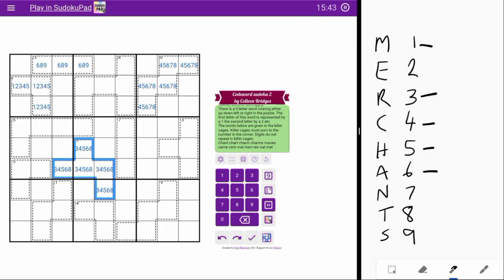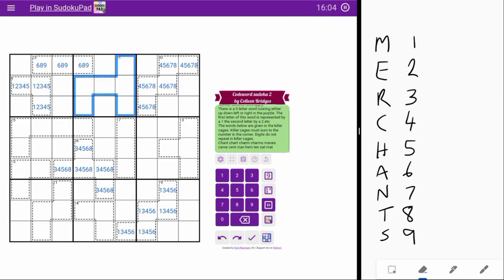C-H-A-R-M is there. So that is 4, 8, and 11 is 19. So that goes in here. 1, 3, 4, 5, 6. Next one is charms, or we know that one has to go in here.